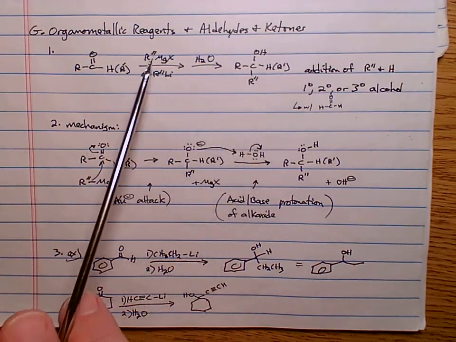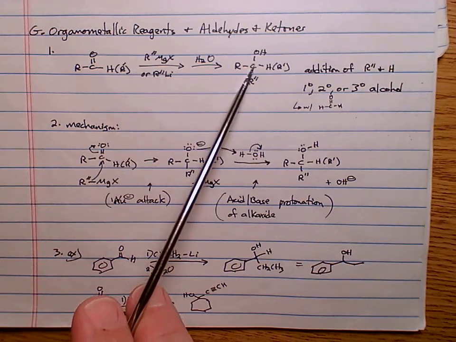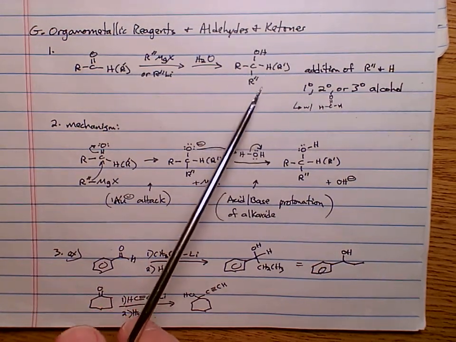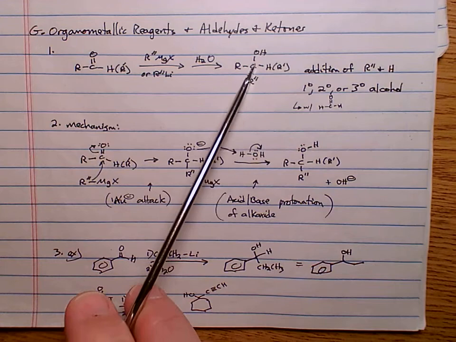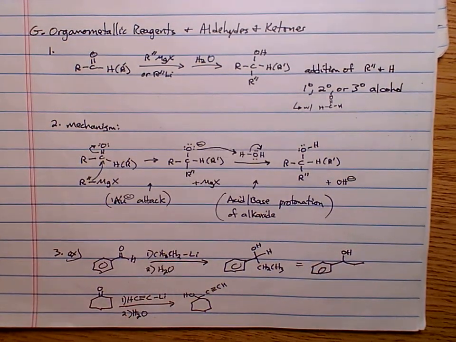But the most important thing, R double prime, this alkyl group is now attached to the carbonyl carbon. You make another carbon-carbon bond right here.